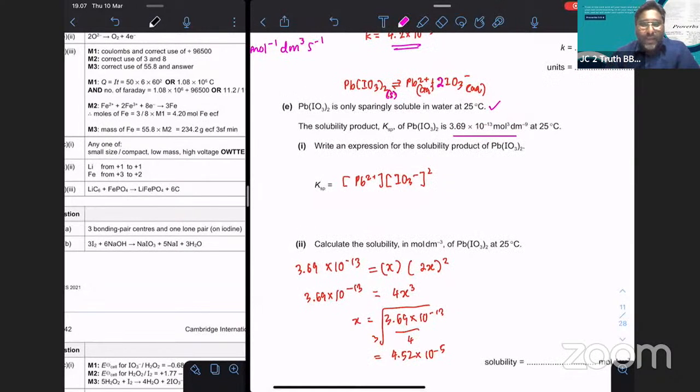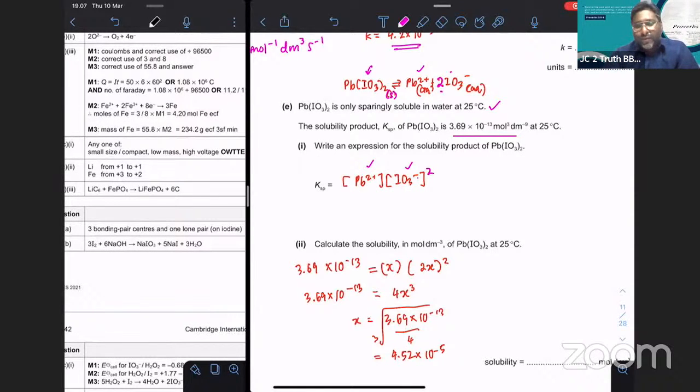So what is Ksp? You do not include the solid. So Ksp is the concentration of Pb2 plus multiplied by the concentration of IO3 minus, but make sure to put the power of 2 there. We do not include the solid, no need to include it. That is Ksp.